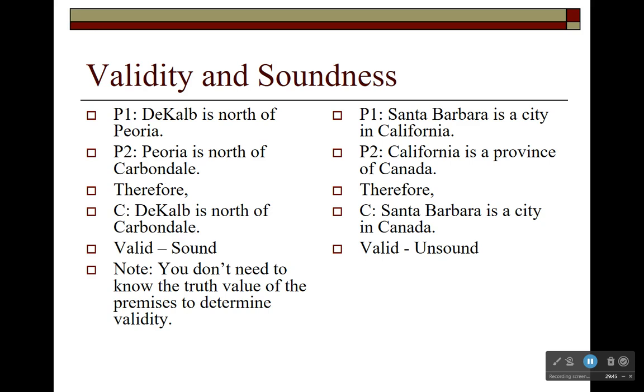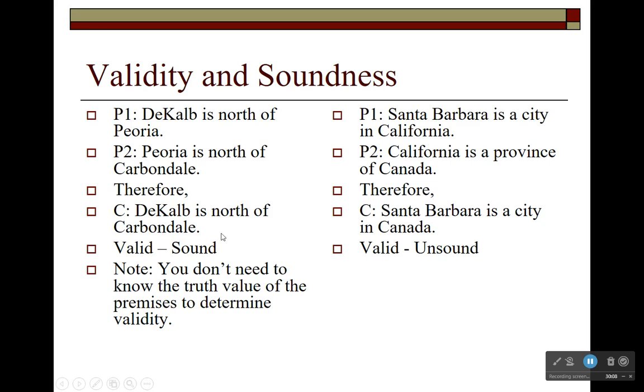Let's think a little bit more about this distinction between validity and soundness. Let's take a look at this example of an argument that is valid but unsound. Premise 1, Santa Barbara is a city in California. Premise 2, California is a province of Canada. Therefore, conclusion, Santa Barbara is a city in Canada. That's correct reasoning. That's a valid argument.